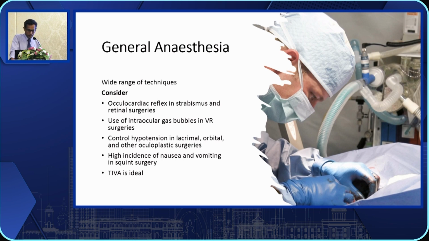Whatever the technique, our target is to keep good control of blood pressure, maintain the intraocular pressure, and prevent and treat the oculocardial reflex in strabismus surgeries. And prevention of nausea and vomiting, especially in oculoplastic surgeries and squint surgeries.